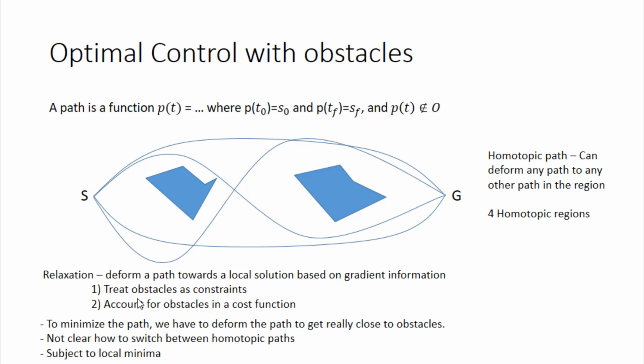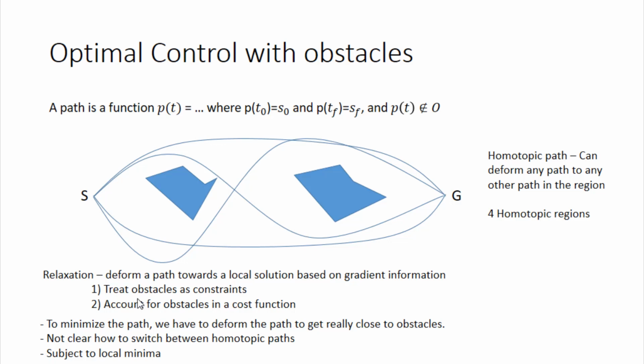So in order to do this, there's 2 approaches. Either we treat the obstacles as constraints. You might recall in the previous slide, we were talking about the dynamic constraints of the robot, and since we have to consider the dynamic constraints, we can't move on a straight line. So one option is to consider obstacles as constraints and somehow find a way to work obstacles into those control equations.